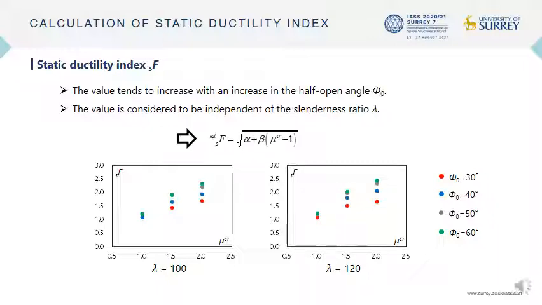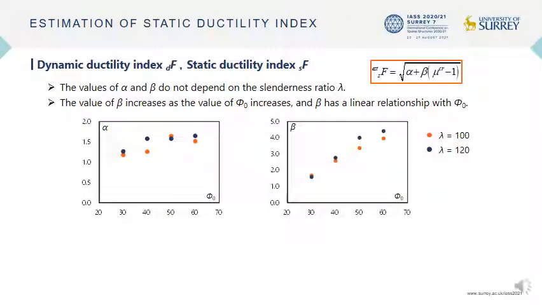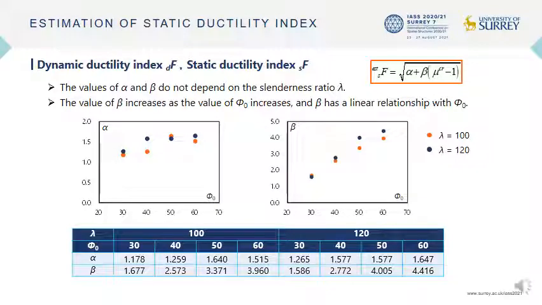The estimating equation for the static ductility index is expressed as this equation. This figure illustrates the relationship between the coefficients alpha and beta in the estimating equation and half-open angle. From this figure, the coefficients alpha and beta are independent of the slenderness ratio, and the coefficient beta has a linear relationship with the half-open angle. This table lists the values of alpha and beta.